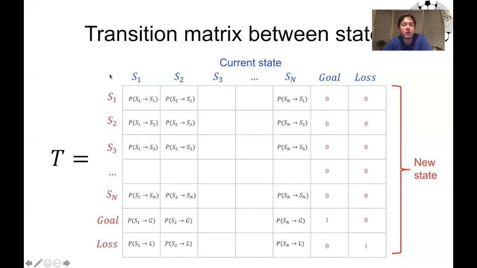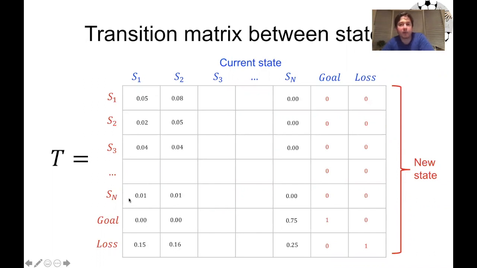And then each row tells you the probability of moving from your current state into one of the other states. So for example, this element here tells you the probability of moving directly from state one to state two. Here you have the probability of moving directly from state one to a goal, or state one to a loss of possession, and so on. And as I said, these last two columns are special because they're the possession ending states. So a goal always remains a goal, and a loss of possession is always a loss of possession and the end of the sequence.